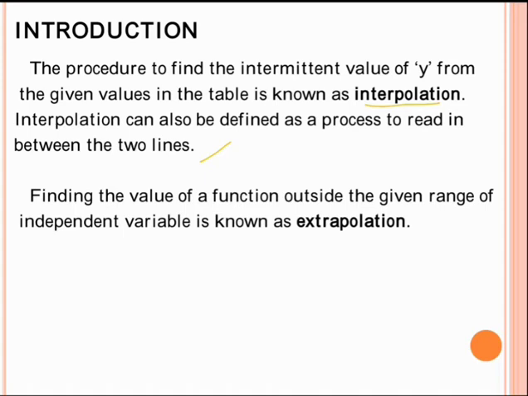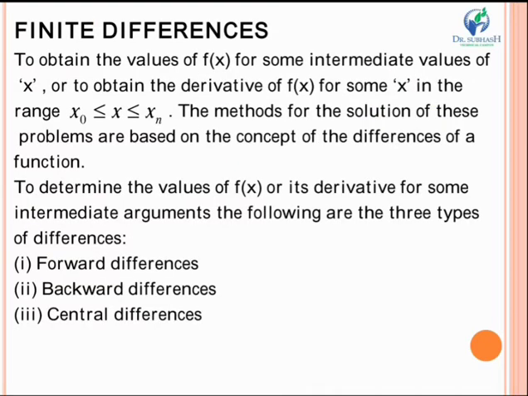For forward formula, we have Newton's forward formula. Now next, finding the value of a function outside the range of the independent variable is called extrapolation. So if our table is from 0 to 250, and if I want to find the value of 251, then that particular method is called extrapolation.